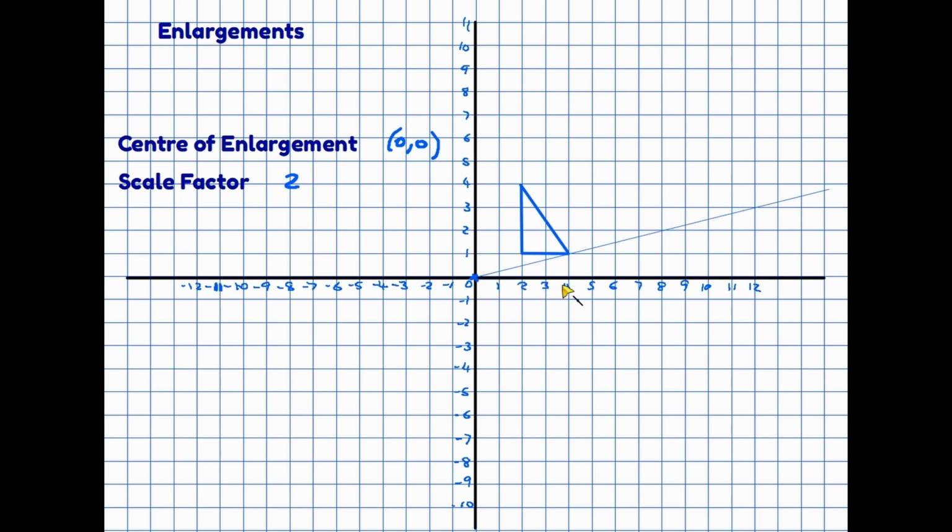So as you can see here, this corner is at 4, 1. I've made sure the line goes through 8, 2, so we are accurate. Similarly, I'm going to go through from the origin another line through the top corner here. Again, it goes through 2, 4, so I'm going to make sure that my drawing goes exactly through 4, 8 here, so that we have an accurate line.